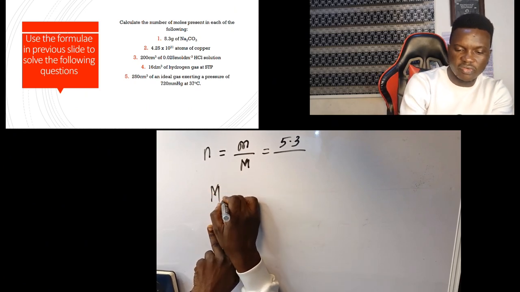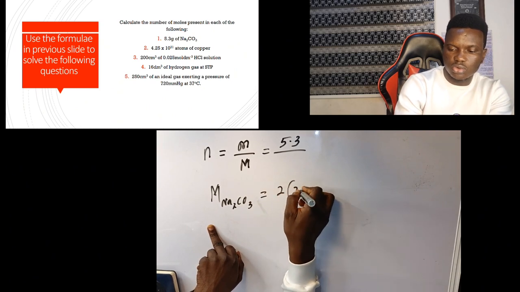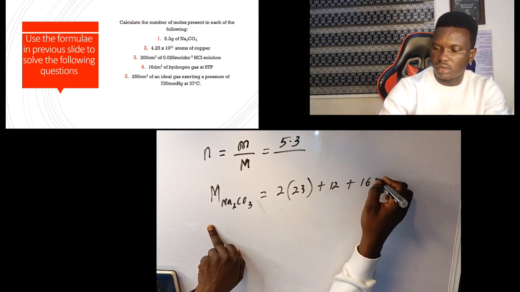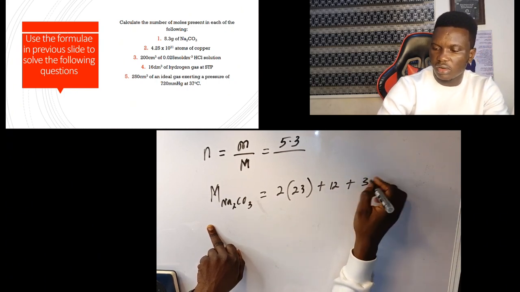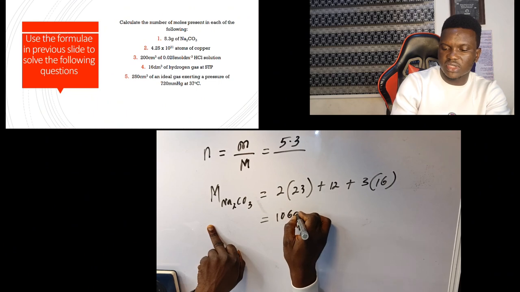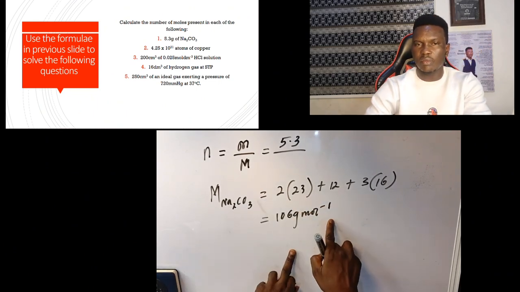So the molar mass of Na2CO3 is going to be 2 into 23 plus 12 plus 16 multiplied by 3, or 3 into 16. So if you do this all together, you're going to get 106 gram per mole. So molar mass has a unit of 106 gram per mole.